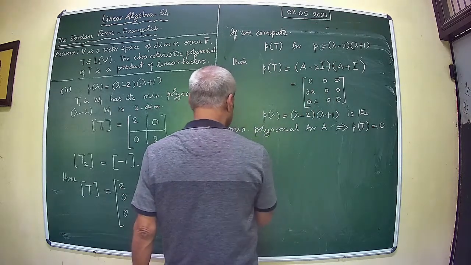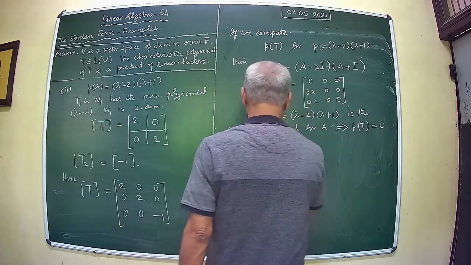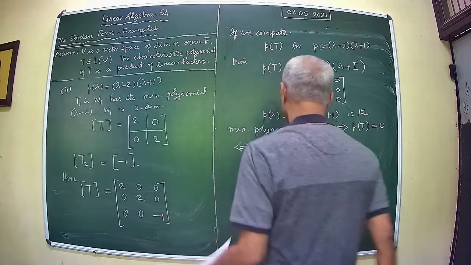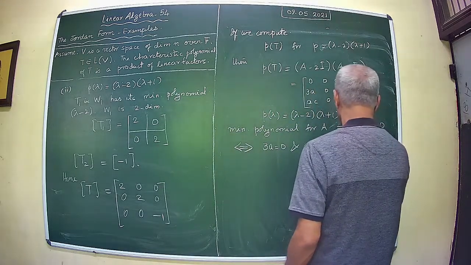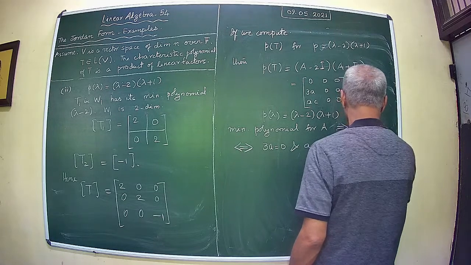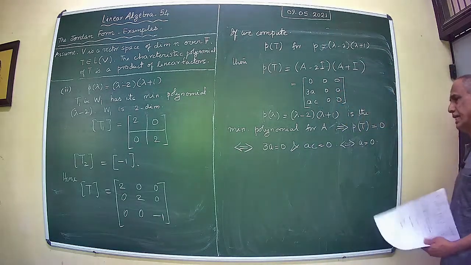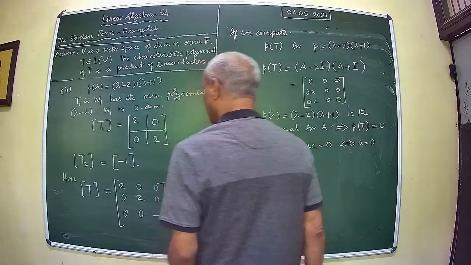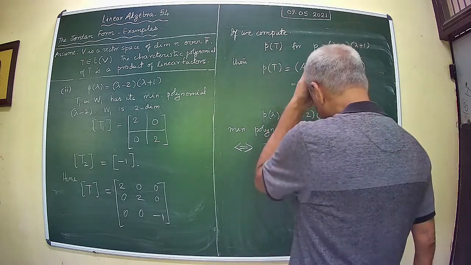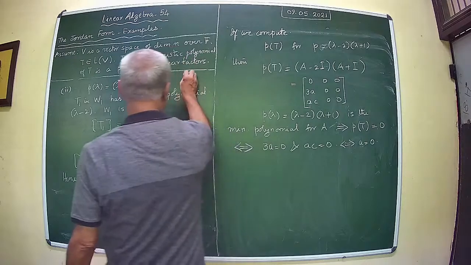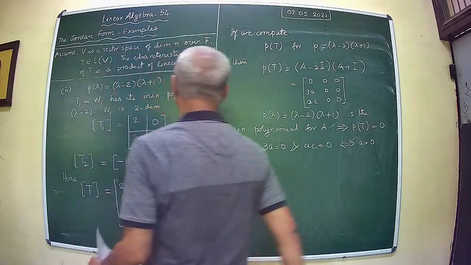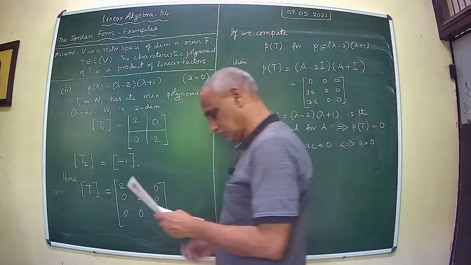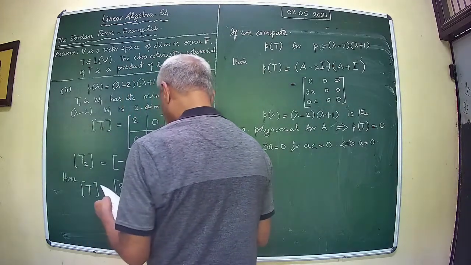And this is if and only if, therefore the condition is that C can take any value, but A, if A is 0, so there are two cases. One corresponds to A equal to 0. So this is the situation where A is equal to 0. The other situation is where A is not equal to 0. Okay, so that is about that example.